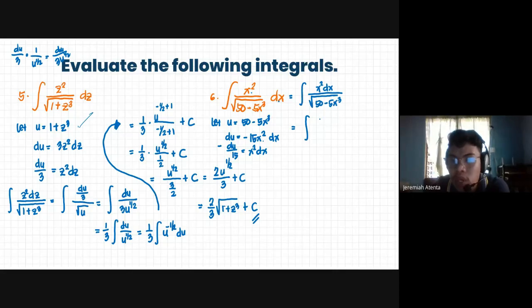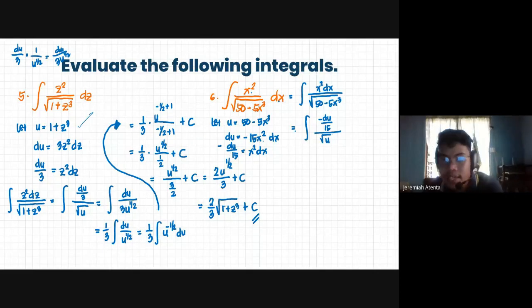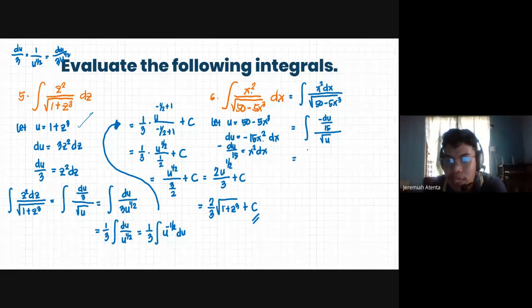Now, from that, we now have the integral of x squared dx is just negative du over 15, divided by square root of 50 minus 5x cubed, which is just your u. Okay? And this is now equal to the integral of negative du over 15 square root of u.